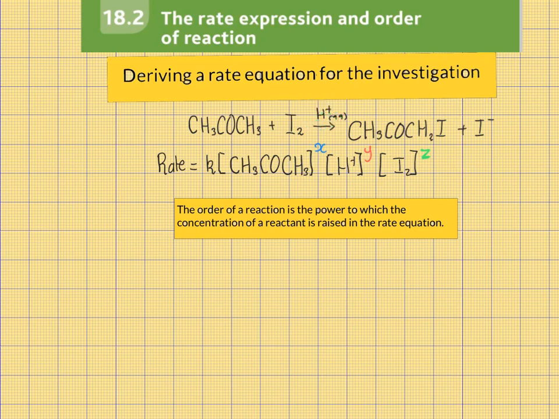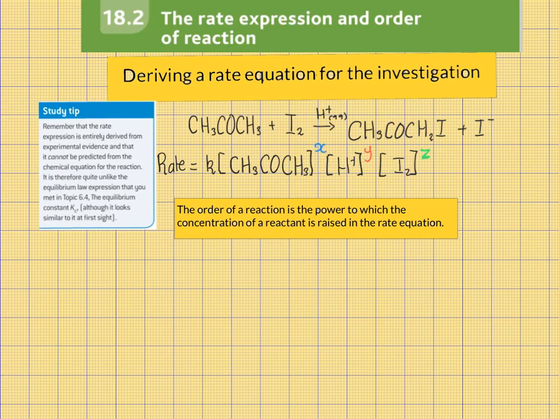So the rate equation is always written in the form of the rate and the concentrations of the reactants raised to these powers, and these are called the orders of reaction. And the definition of order of reaction is the power to which the concentration of a reactant is raised in the rate equation. It's also important to note that the rate equation is also known as the rate expression.